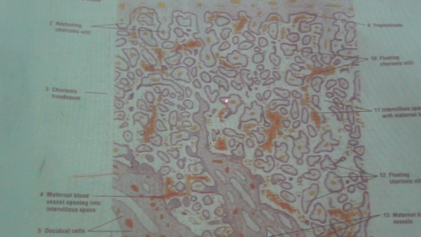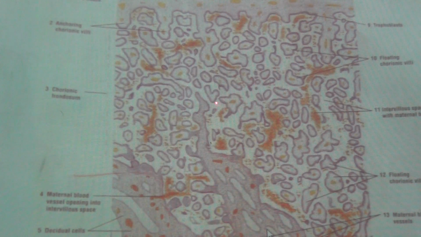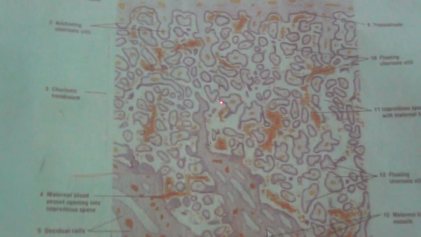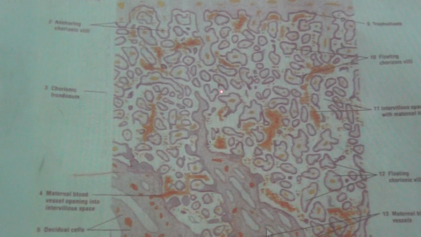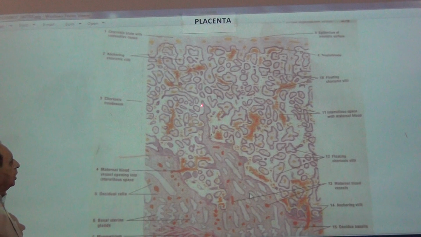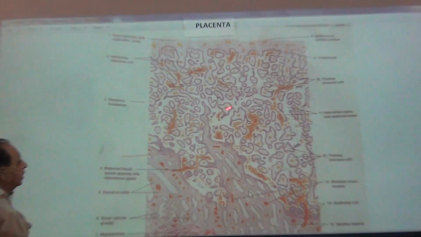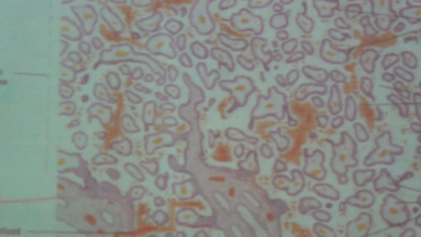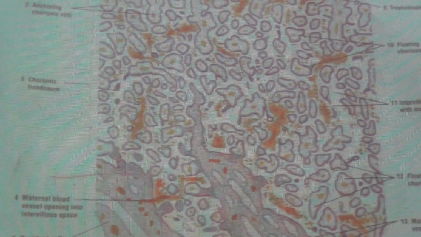These trophoblasts are of two types. The syncytiotrophoblast cells, and the other trophoblast cell below the syncytiotrophoblast cells. So two types of trophoblasts.